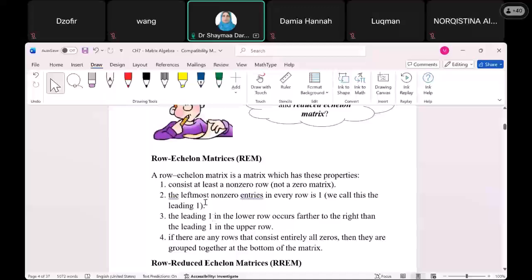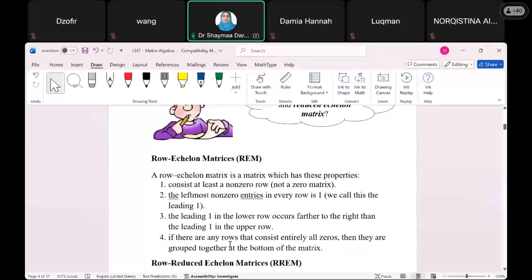The second condition, the first non-zero number in each row should be equal to 1. We call it the leading one. The third condition, the leading one in a lower row should be to the right of the leading one in the upper row.